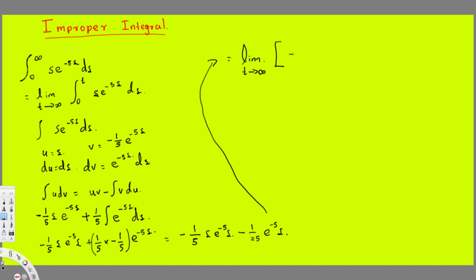So this is going to be minus 1 over 5 s e power minus 5 s, wait, this is power t, right? It's power t. Then we have minus 1 over 25, this is also power t, e power minus 5 t.